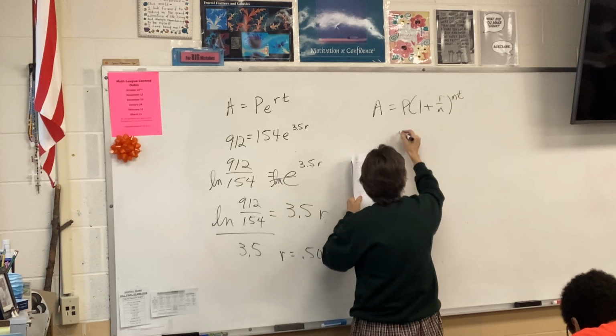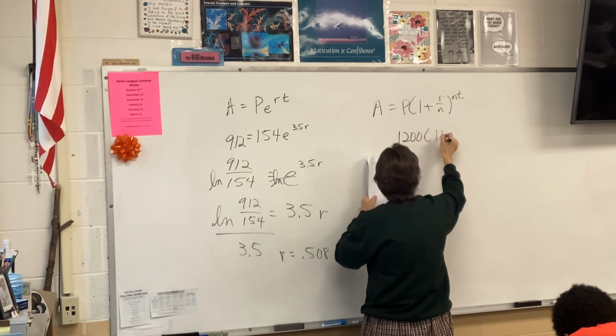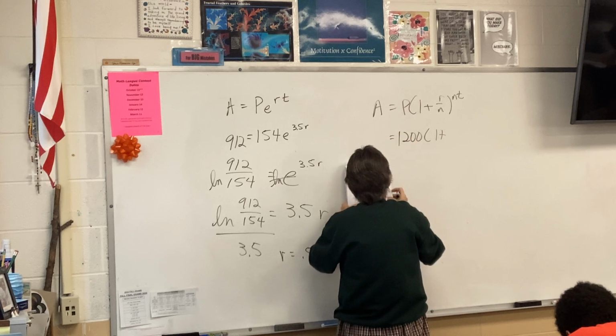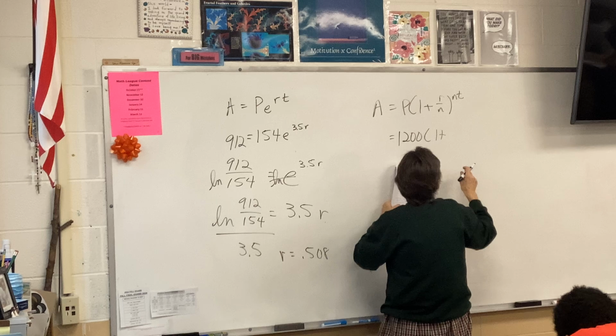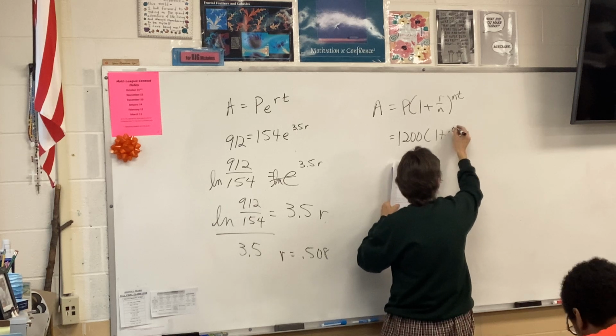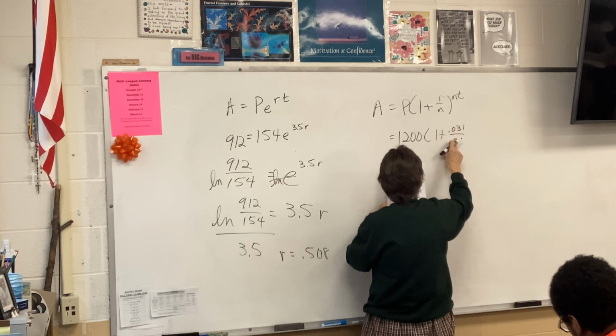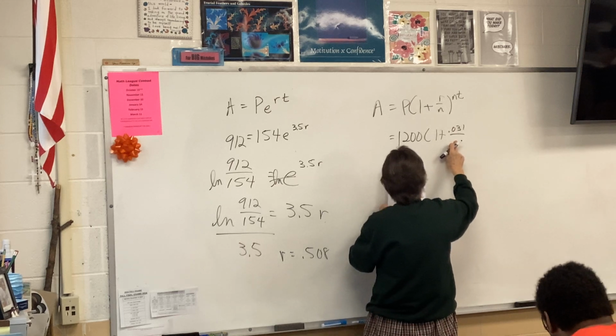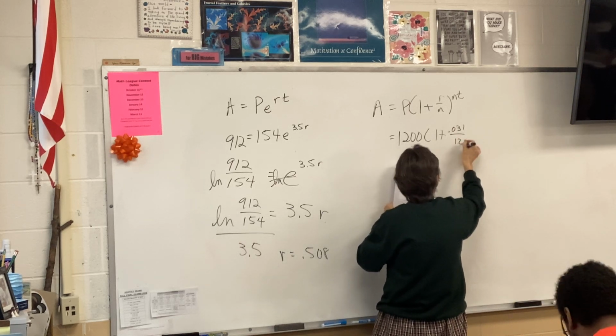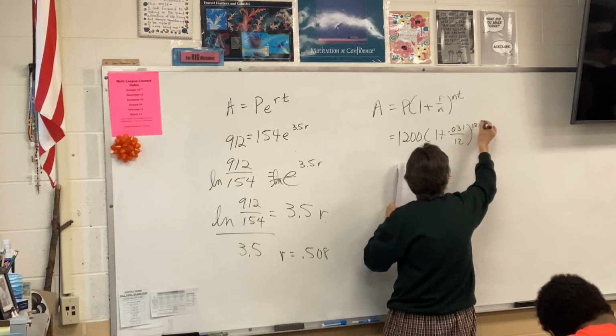And we're going to invest $1,200, compounded monthly for 10 years at 0.031. That is a percent, so notice I changed it. 0.0031 monthly for 10 years.